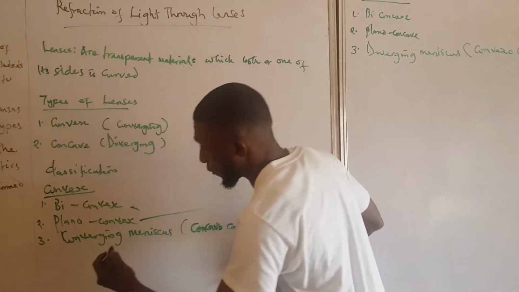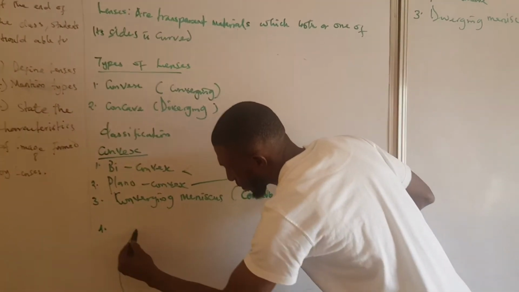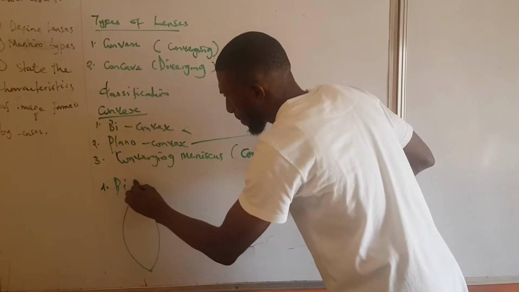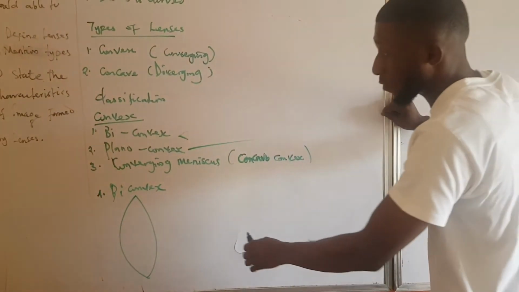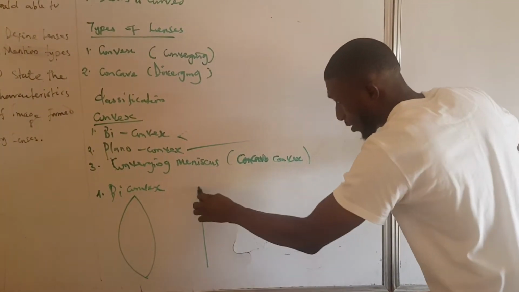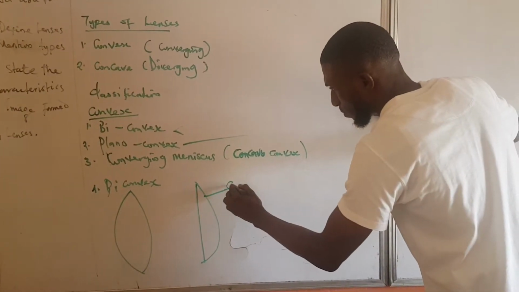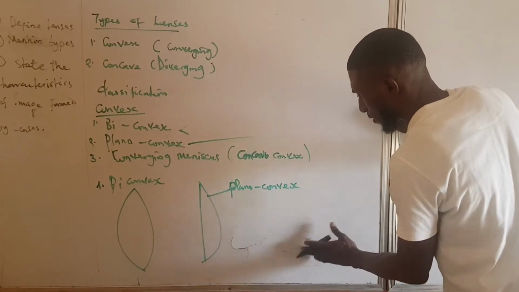Alright, so don't forget, biconvex, both sides are curved out. Call it biconvex. Plano convex, we have one side that is plain and the other side is curved out. Call it plano convex.